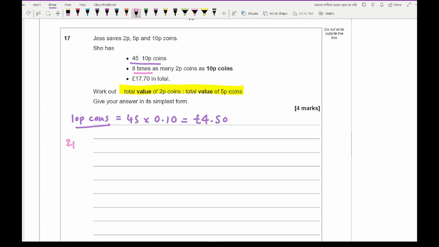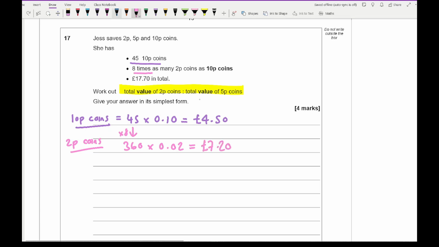So if we've got 45 10p coins, I multiply that by 8, and typing that into the calculator, 8 times 45 gives me 360. So 360 multiplied by 0.02 comes up to a total of £7.20.